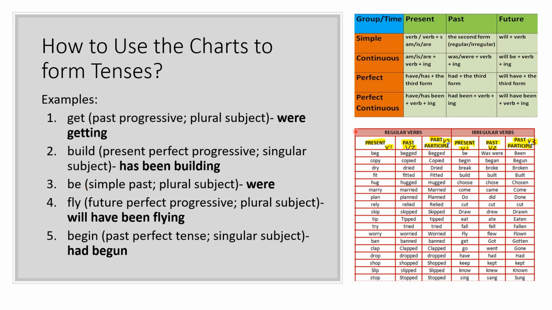So we need to use this chart. Let's find the verb be. Here is the verb be. And according to the formula, you are supposed to use the second form of that verb. These are the second forms of the verb be. The possible answers are was and were.